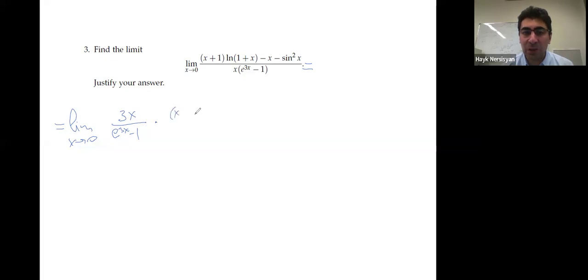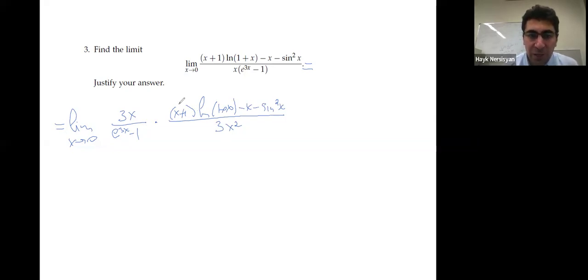So x plus 1 times log(1 plus x) minus sine squared x divided by, so we have 3x squared left. Okay, we should calculate the limit of this expression.